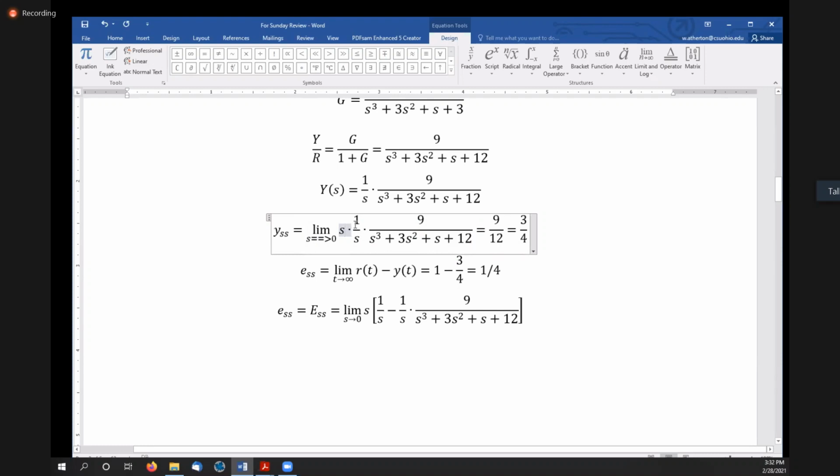You can take any function in s, multiply it by s, let s go to 0, and that gives you the final value of that function. In the time domain. So this is part of the final value theorem. Down here, this s, that one, is part of the final value theorem. This is the input in Laplace, and this is the response in the Laplace domain.